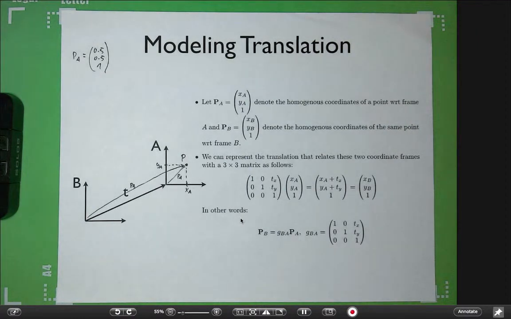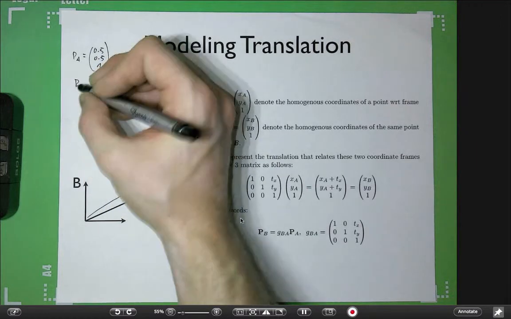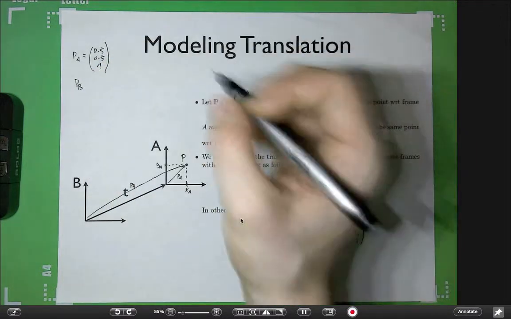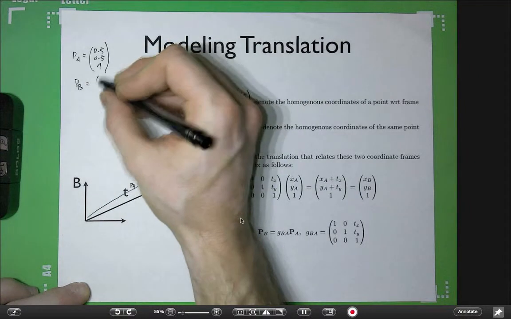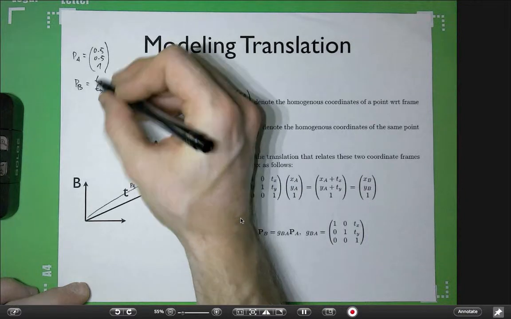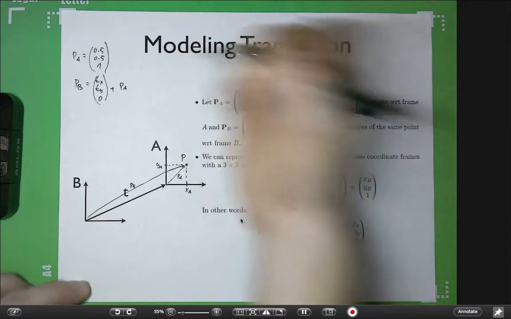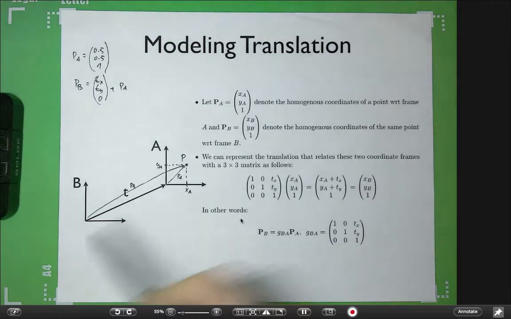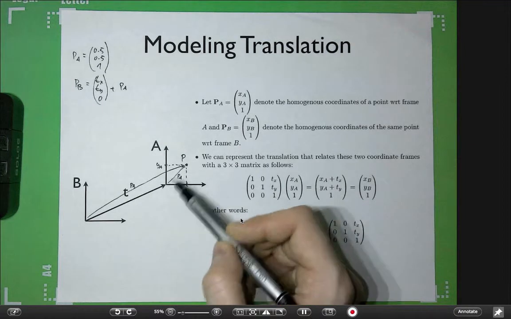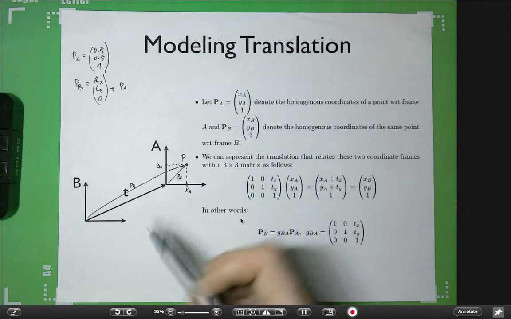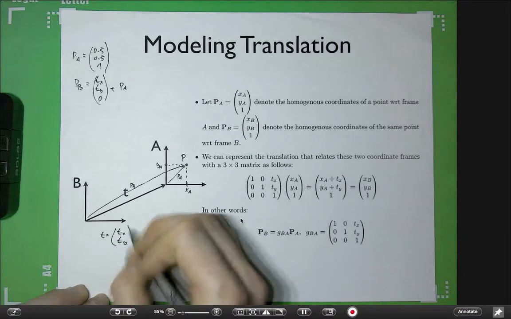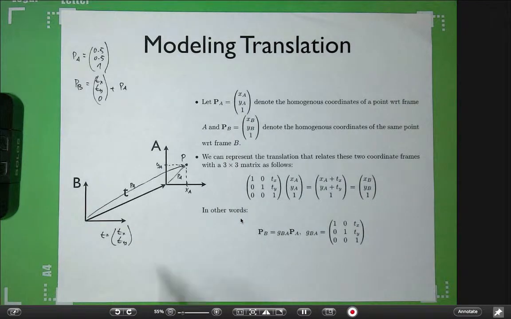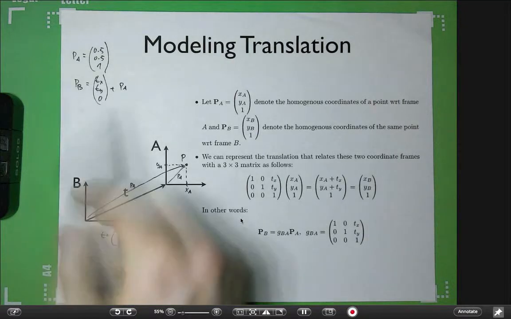So it's fairly obvious that PB is nothing but Tx, Ty, 0 plus PA, right? Because all I need to do to convert there is add the original vector PA with the translation T, right? And the T vector consists of coordinates Tx and Ty when I'm looking at it as a vector. Again, if I go to homogeneous coordinates, and if it's a vector, I have to give it the last coordinate of 0 so that everything works together.